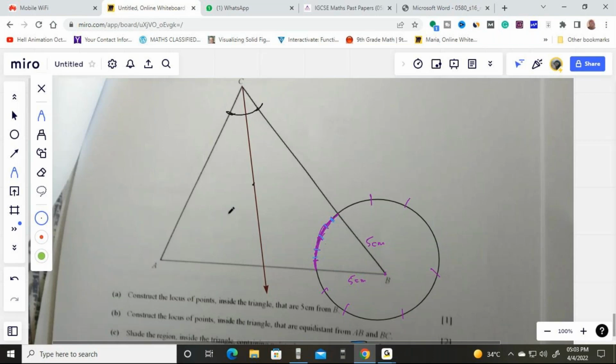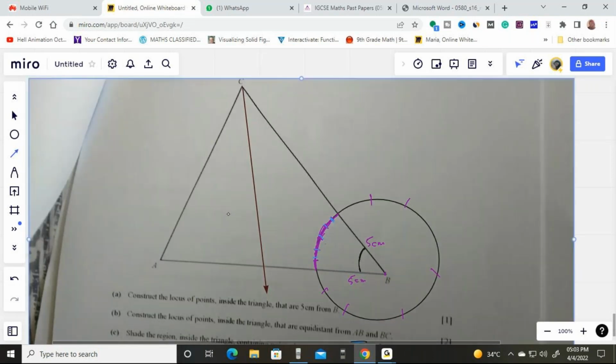The angle formed by lines AB and BC is going to be this, not this. I thought it was AC. So I'm going to draw the angle bisector of this.